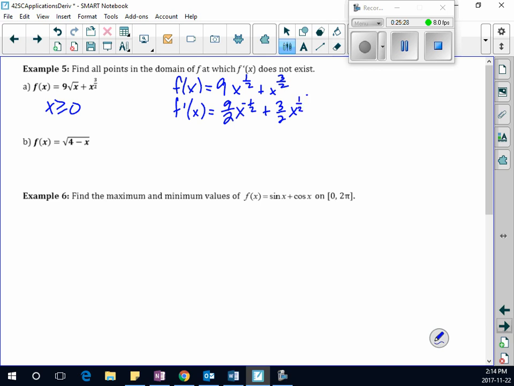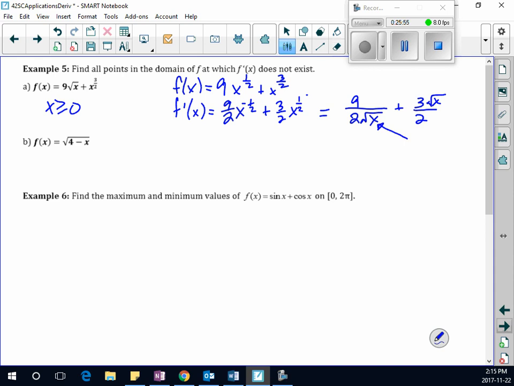Okay. So I'm going to rewrite this so you can see the restrictions here. Does everybody see this would be 9 over 2 square root x, and then this would be 3 over 2, and this would be square root x on top. So where would you actually have an undefined region?